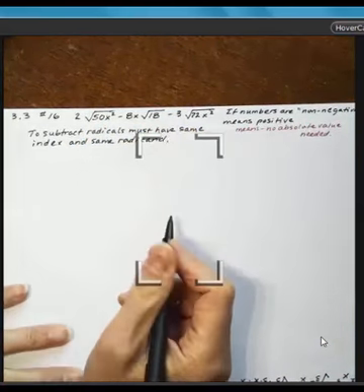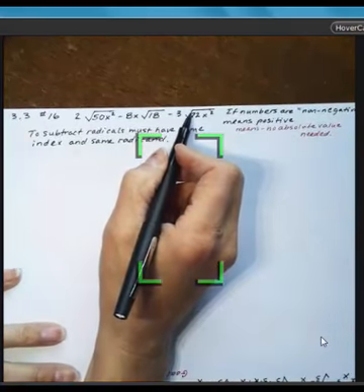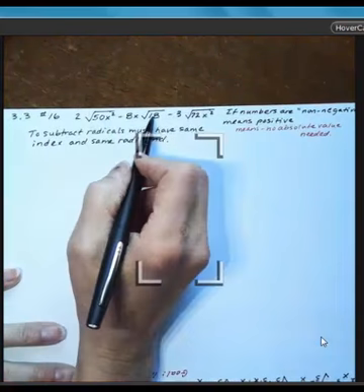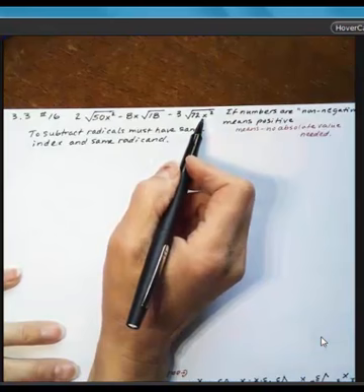So looking back at these radicals, we have the same index. It's understood to be 2. Under the radicals, we don't have the same radicand, not even remotely close.